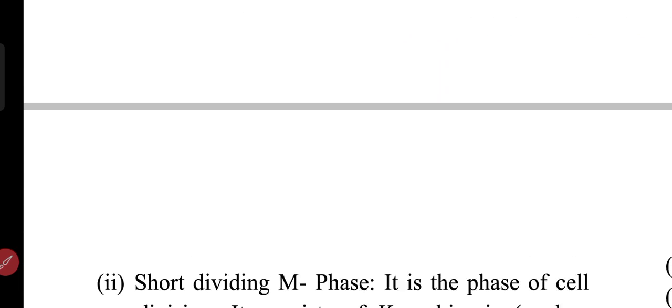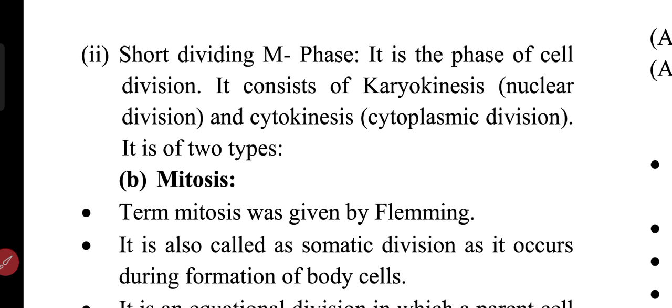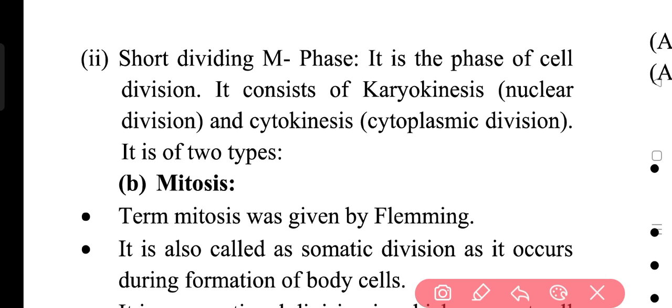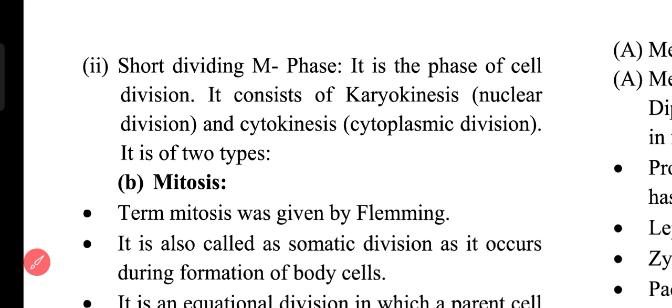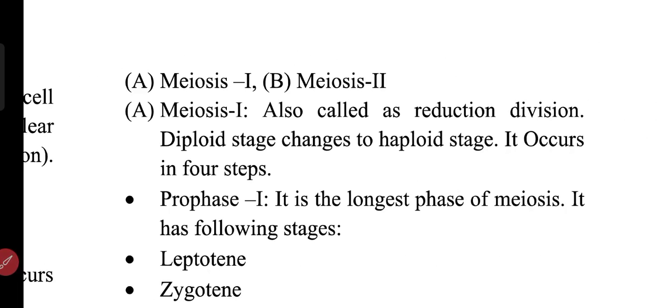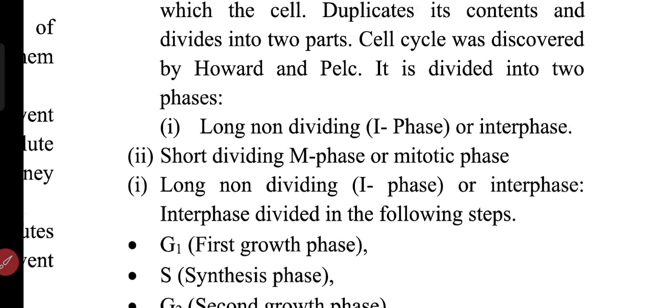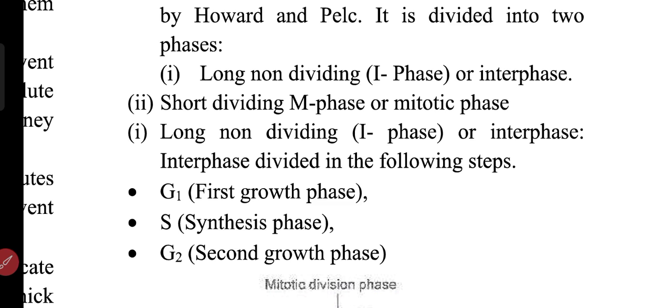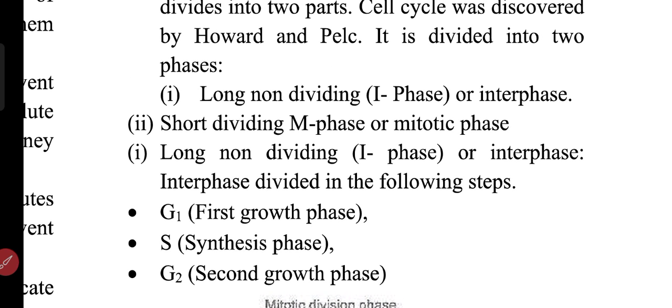After that, the second phase, the short dividing M phase, also consists of two parts: karyokinesis, that is nuclear division, and cytokinesis, that is cytoplasmic division. Okay, and also mitosis and meiosis occur in cell division. So these are the points about cell structure and function. This is the second part of our theory video.